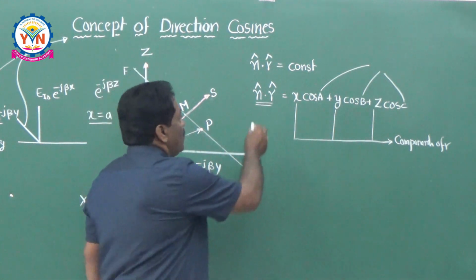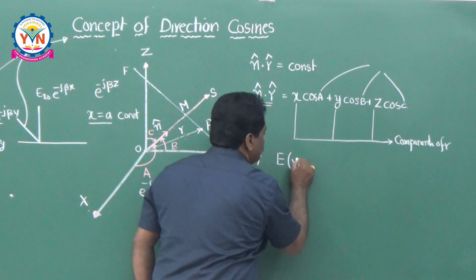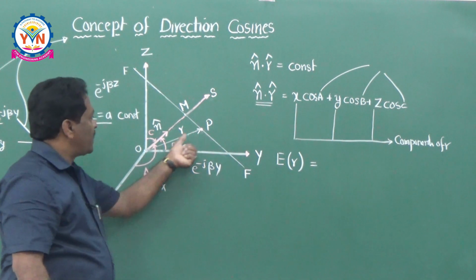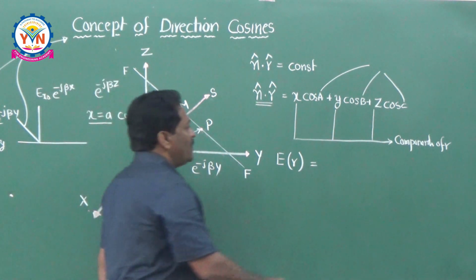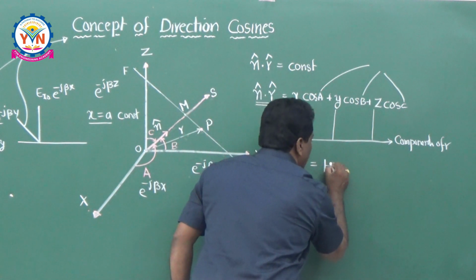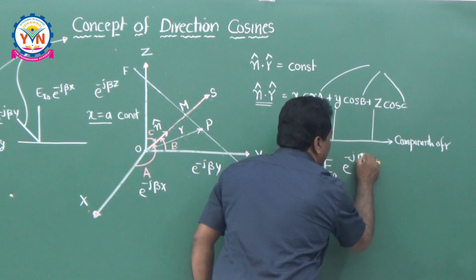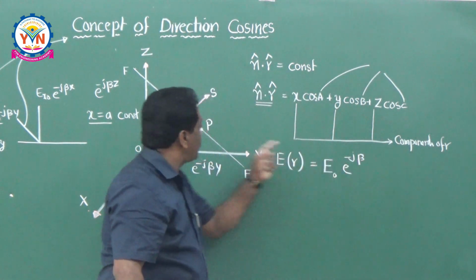Now, for writing this wave equation, I can say E of r is equal to some magnitude into e to the power of minus j beta. That means the electric field intensity at a distance r in this direction. Now it is not x, not y, not z, it is the resultant of all of these.